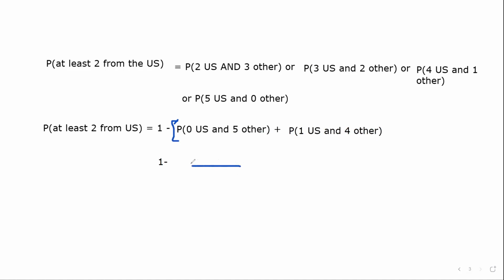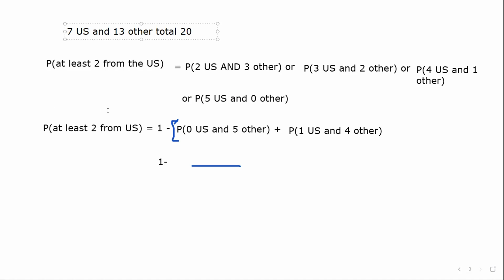Remember, we had 7 symphonies from the US total, and we had 13 other, the total was 20.